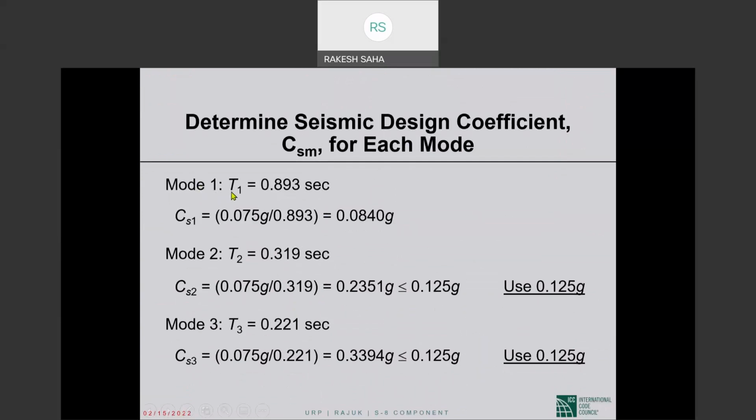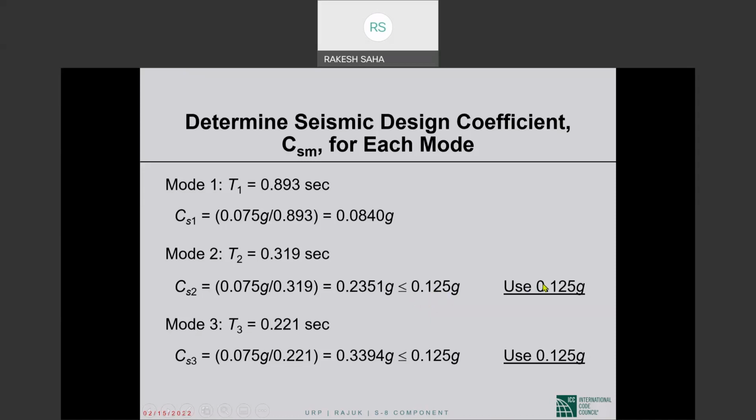We have modal periods. First mode period is 0.893 seconds. So the first mode base shear coefficient is 0.75G divided by the modal period, which is 0.840G. The second mode period is so much. So the second mode base shear coefficient is 0.75G divided by the period, which is that, but it cannot be any larger than 0.125G.